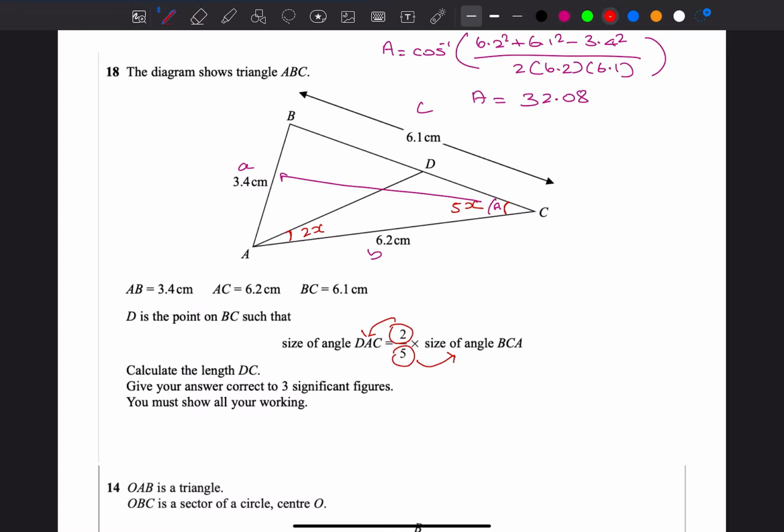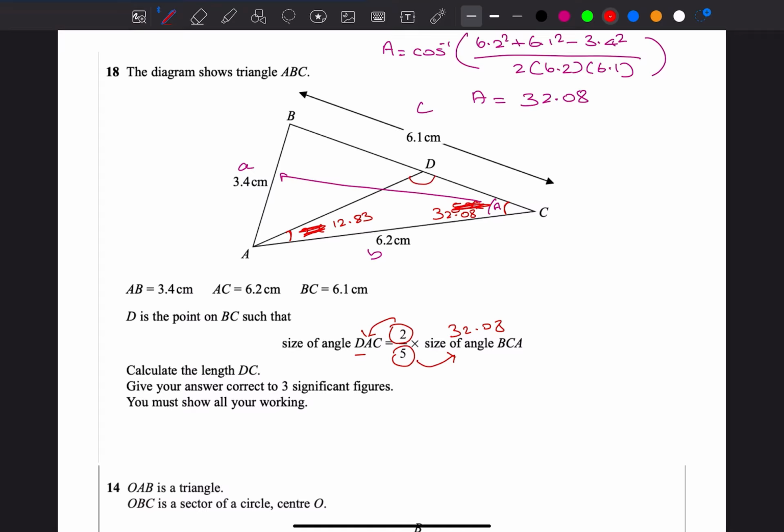So if BCA is 32.08, we can work out DAC using that formula. We'll skip the x and 5x. Easier. So 2 over 5 of 32.08 makes it 12.832, so 12.83.